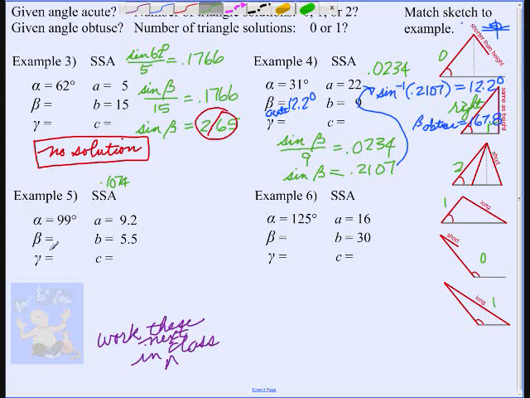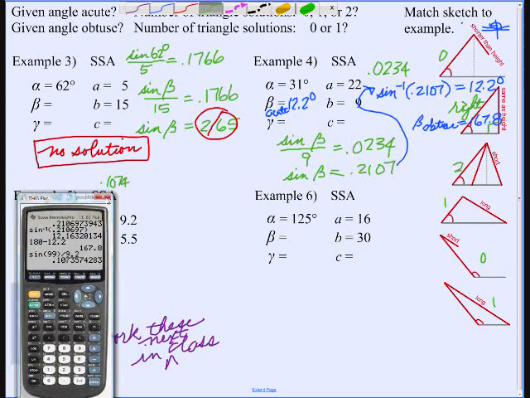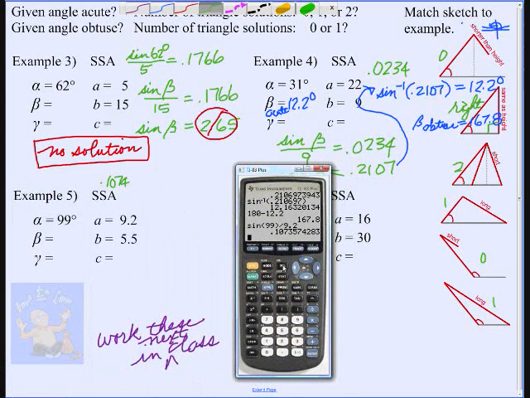So now we can figure out what beta is. The sine of beta is going to be 0.1074 times the length of the side, 5.5.